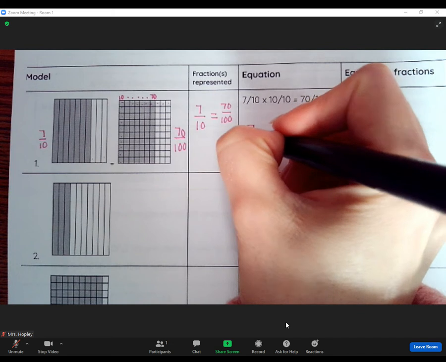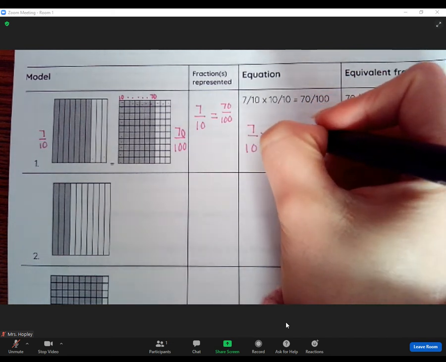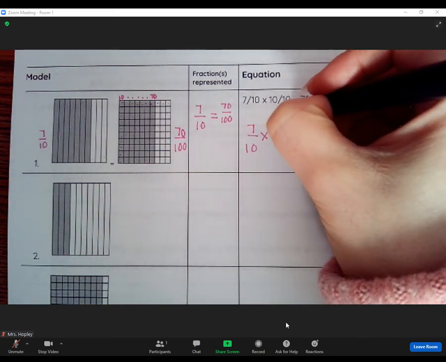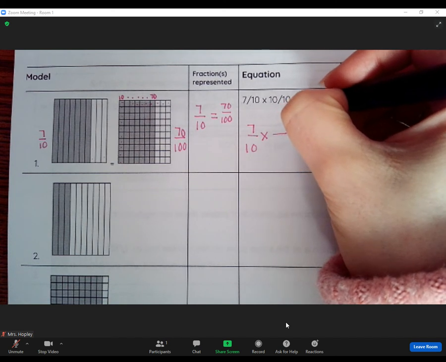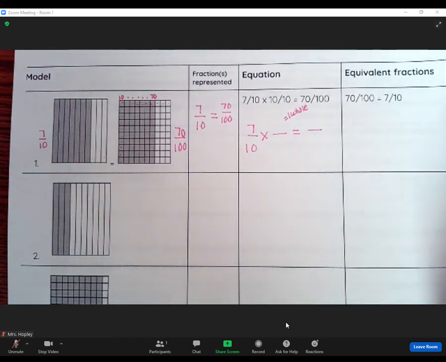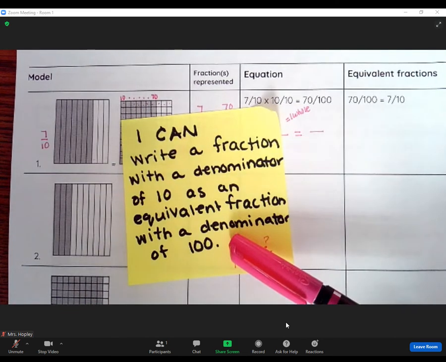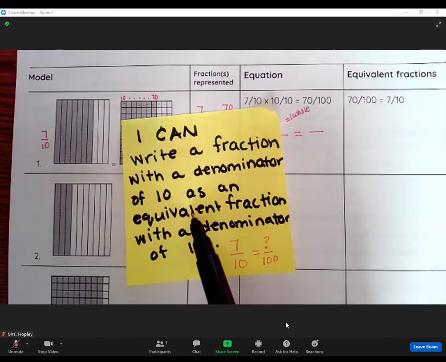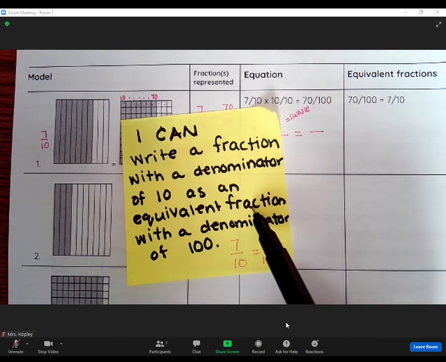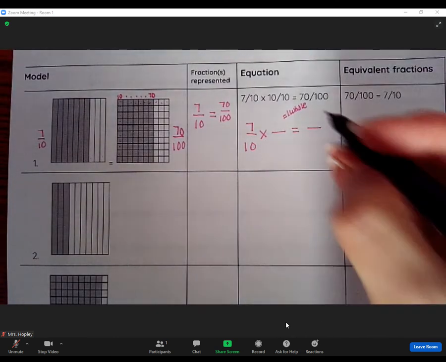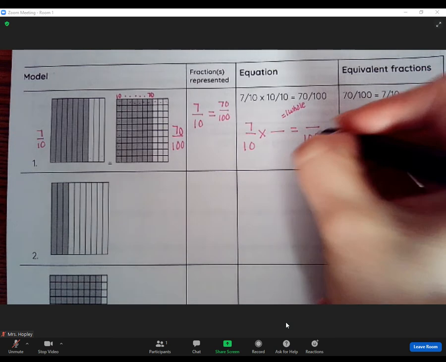I know if I take a fraction and I multiply by a fraction that's equal to 1 whole, I can get an equivalent fraction. So the skill is figuring out equivalent fractions with denominators of 10 and 100. So I want to figure out 7/10 is equal to how many hundredths.